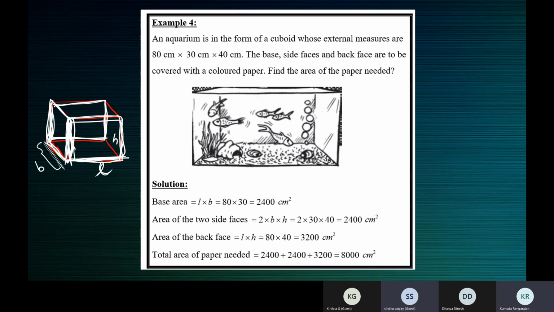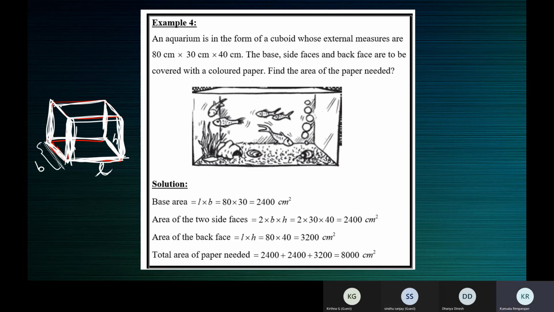So what will be the area of the side face? Breadth into height. What will be the area of the other side face? B into H, because this one is B, this one is B, and this one is H.